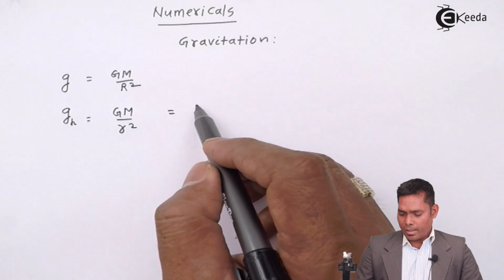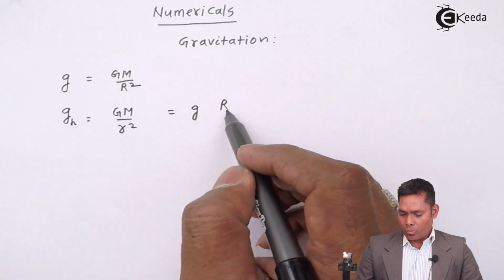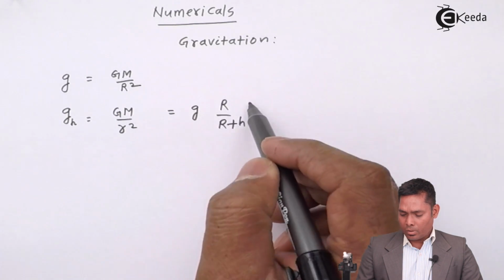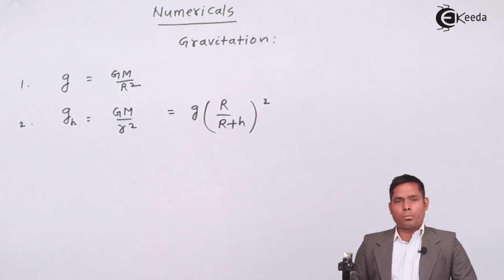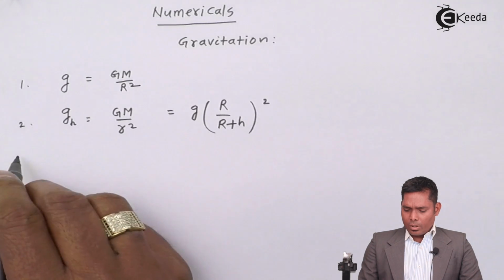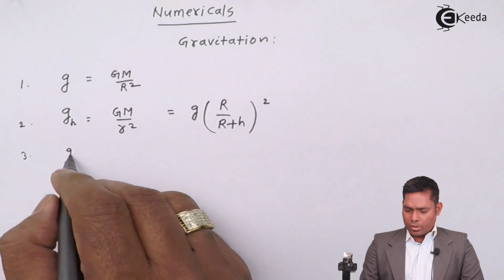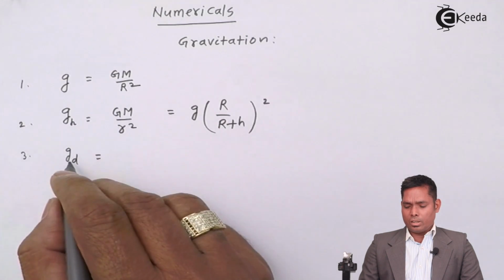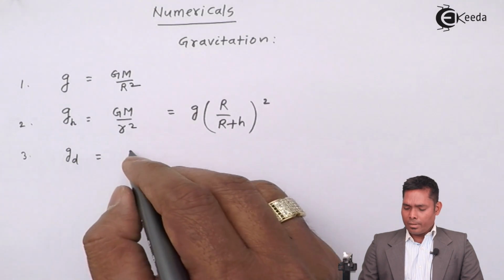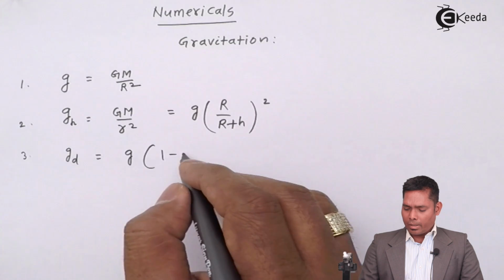It also can be written as GM over (R plus h) the whole square. Just we'll quickly write down the formula, then we will solve the numerical. Then we have acceleration due to gravity inside the surface of the earth. g_d is given by g into 1 minus d over R.